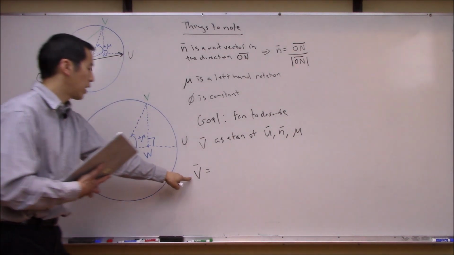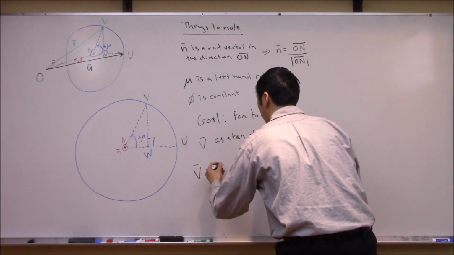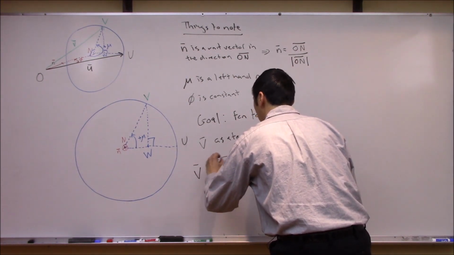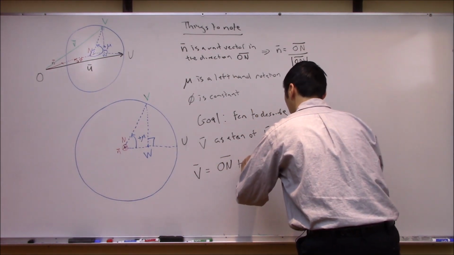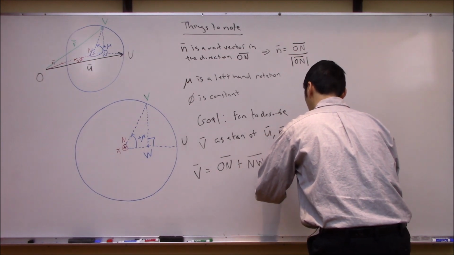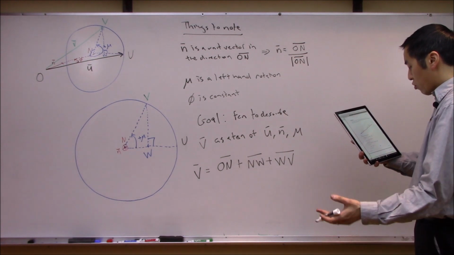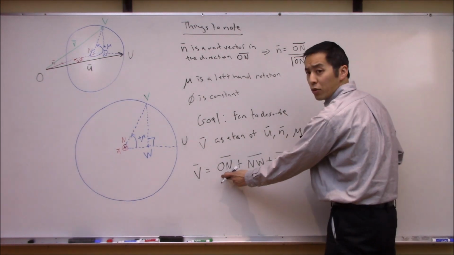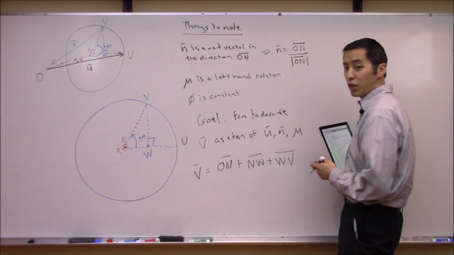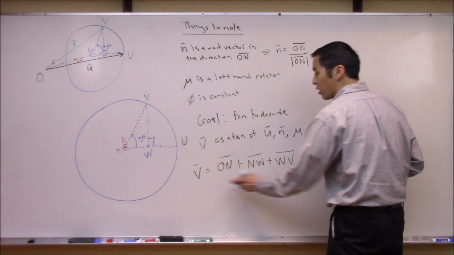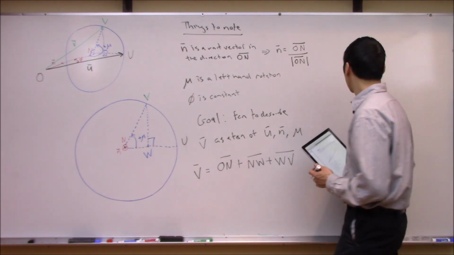So in other words, this is the same thing from a vector perspective: v is ON plus NW plus WV. This is great. So all I need to do now is come up with expressions for each one of these three subvectors, and that will give me the overall vector v that I'm looking for.